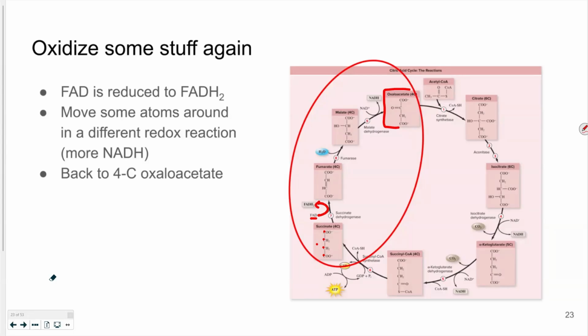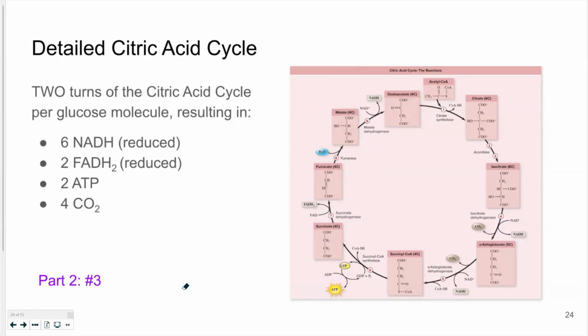So FAD is going to grab these electrons and become reduced to FADH2. We're going to do some more rearranging. Malate is another 4-carbon sugar that we're going to see again. We're going to take that malate and produce NADH from our NAD+, and that gets us back to oxaloacetate. Now we're ready to do the cycle again.